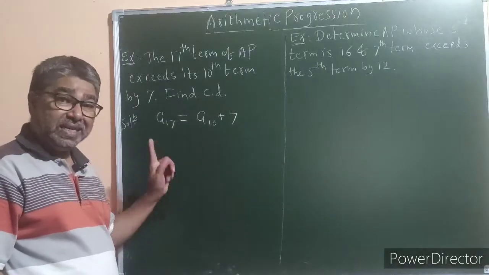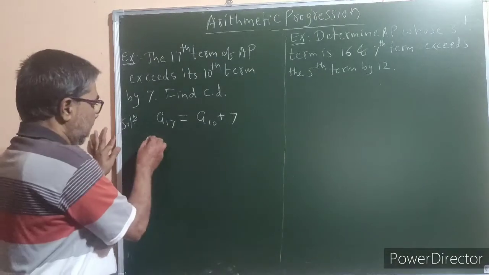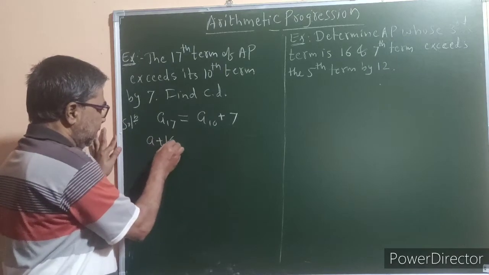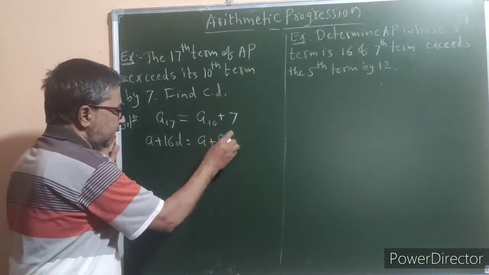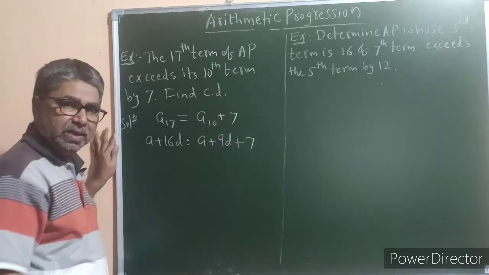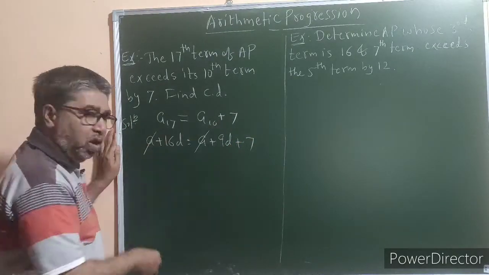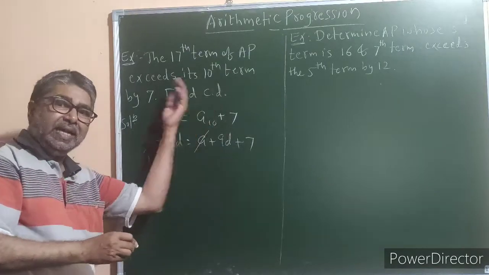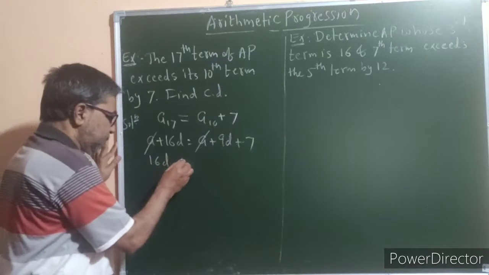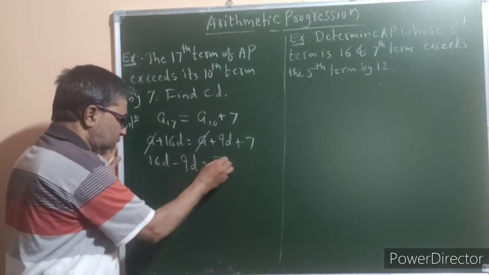Now apply the formula for A17 and A10: a plus 16d is equal to a plus 9d plus 7, as it is. Now a gets cancelled. Then bring 9d to the left side, it will be minus 9d is equal to 7.